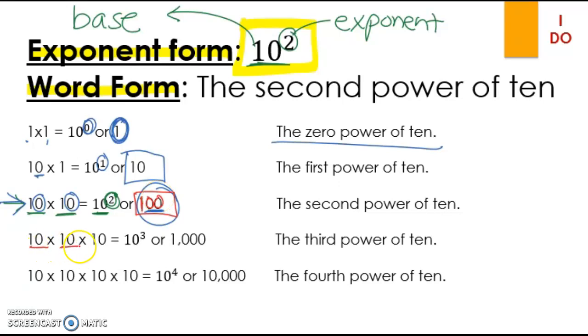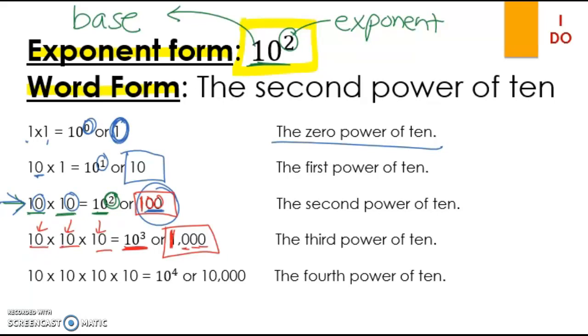The third power of 10 is the digit 1 with 3 zeros. That means the third power of 10 is 1,000. And it can keep going and going and going. I hope that helps you understand.